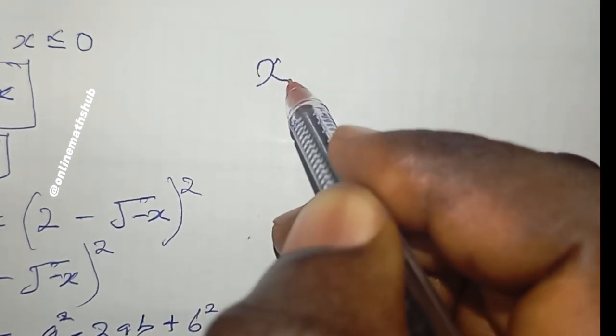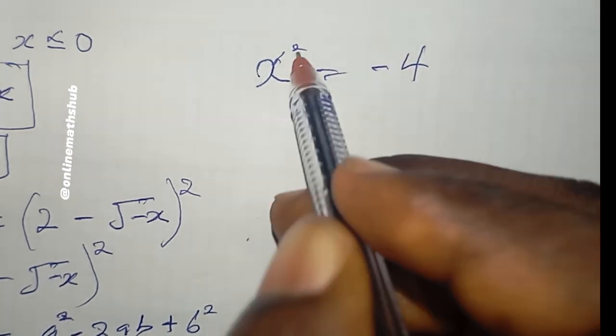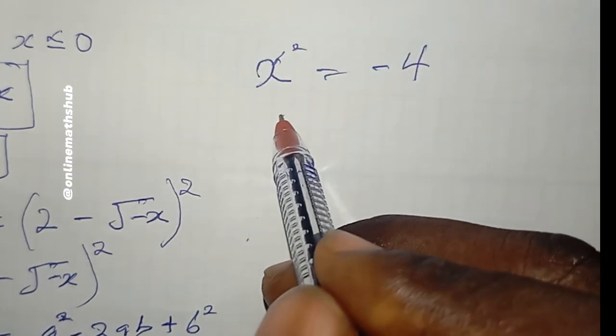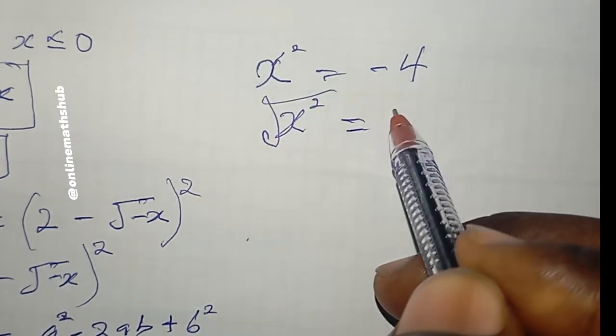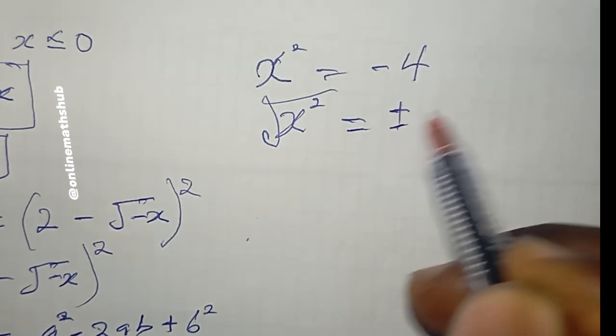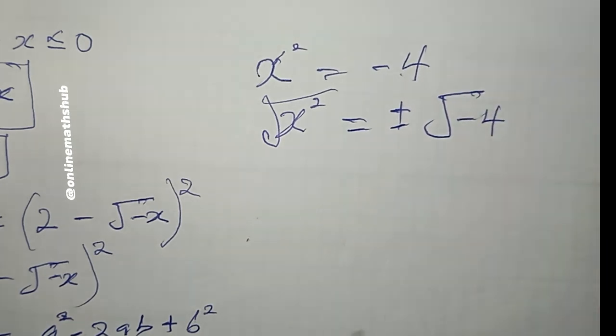Okay, so continuing right here, I have x squared is equal to negative 4. I'm going to go ahead to take the square root of both sides, and then a plus or minus the square root of negative 4 right here.